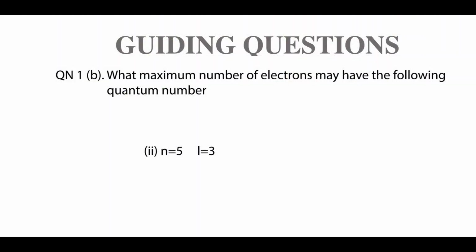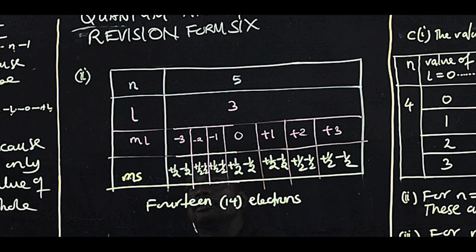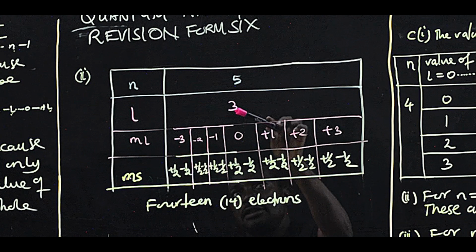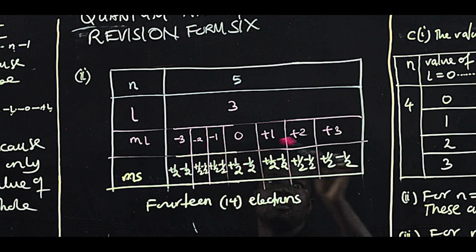Question number 1B, part 2: n is equal to 5, l is equal to 3. Determine the total number of electrons present in the given set of quantum numbers. For n is equal to 5, l is equal to 3, the value of ml should range from -3 to +3.